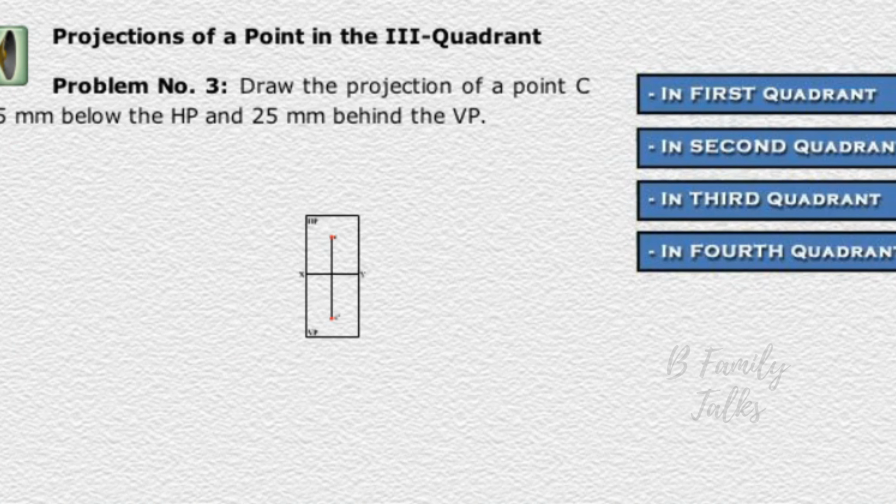Projection of points in the third quadrant. Problem number 3. Draw the projection of a point C 35 mm below HP and 25 mm behind the VP.